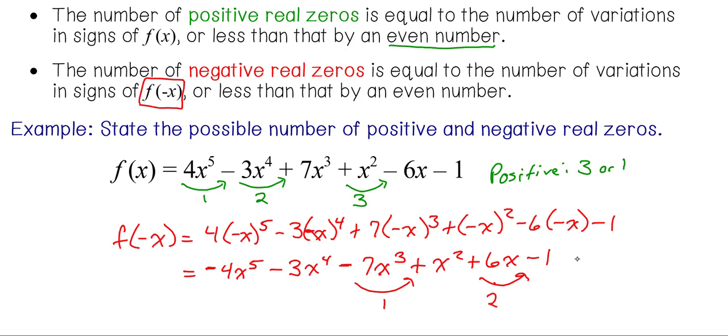So the number of negative zeros is going to be either 2 or 1. And remember, because this is a degree 5, there are at least 5 zeros.